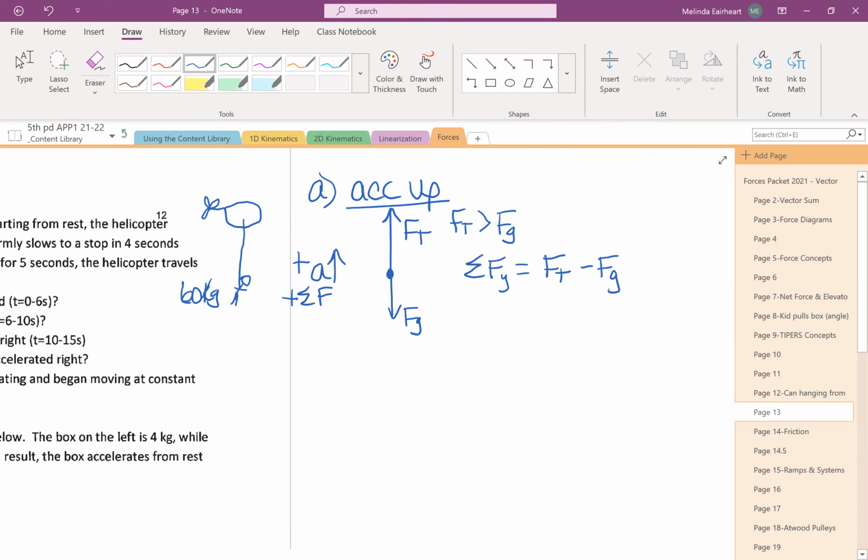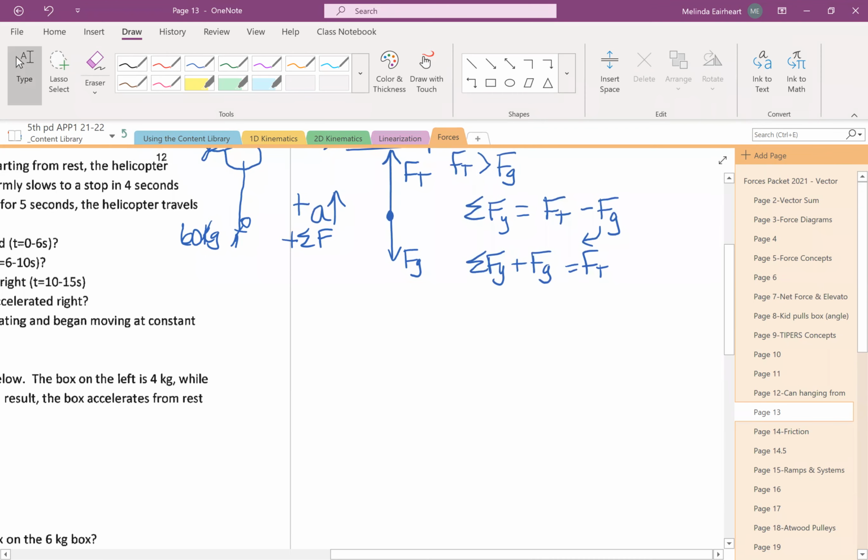We're trying to solve for tension, so I'm going to add gravity to the other side, and I'll get tension equals F net y plus Fg. And then we plug in our variables. F net equals ma, and it's a vertical acceleration, plus Fg. Fg equals mg. Now you can factor out mass if you'd like, but you don't have to.